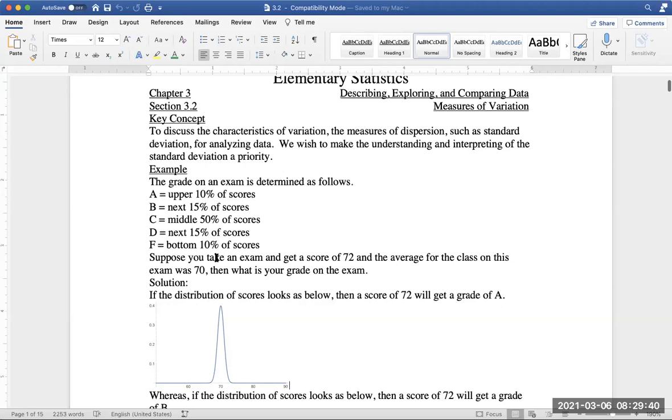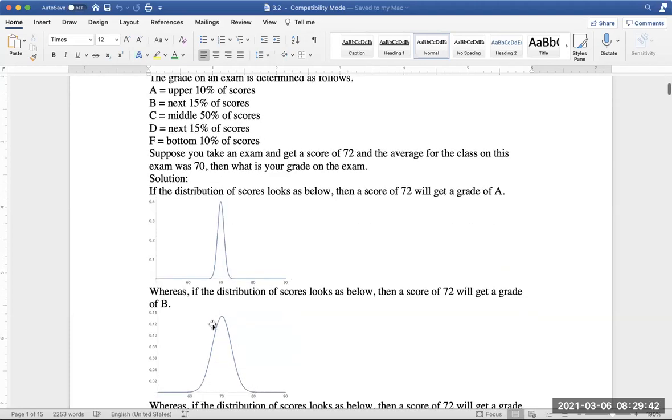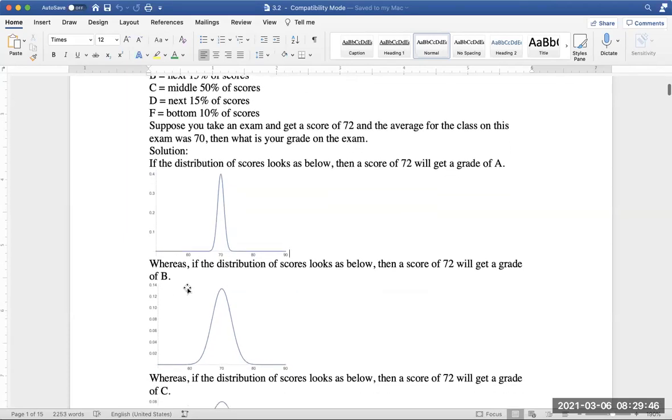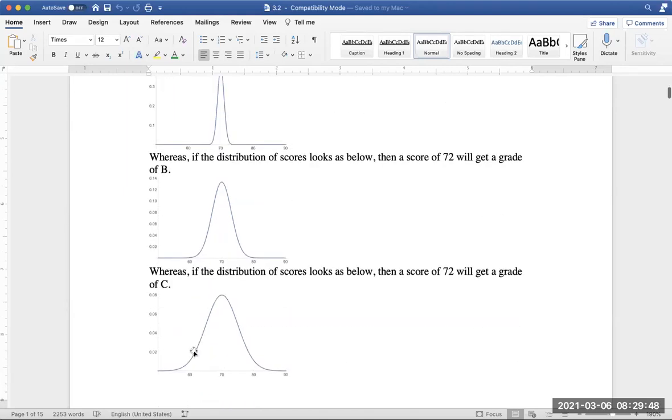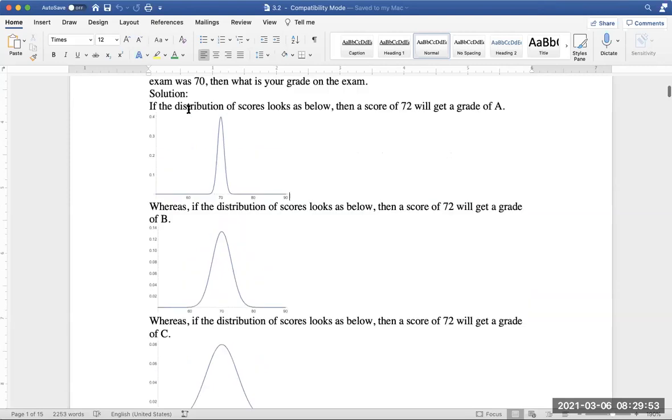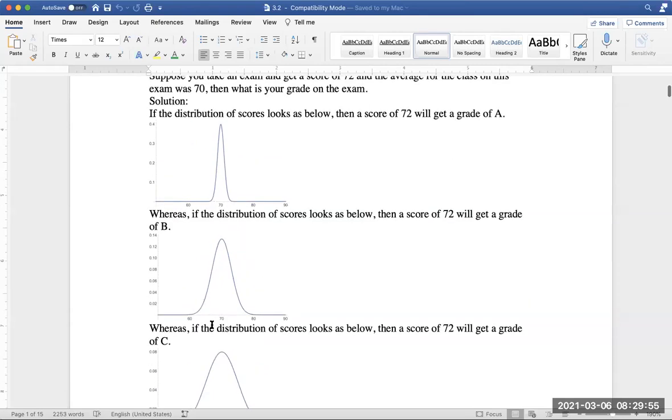Whereas if your distribution looked like this, you got a B. Whereas if your distribution looked like this, you got a C. So it really depends on what everyone else in the class did.